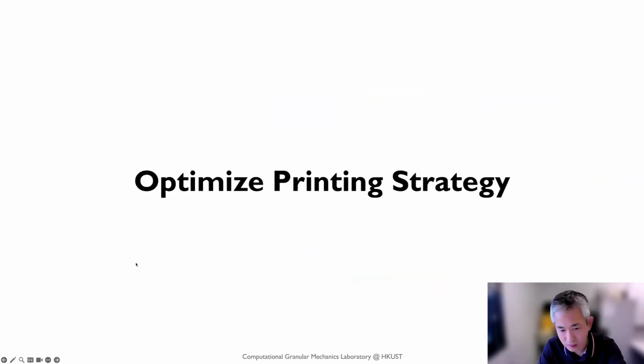For the last part of this lecture, I want to show a quick result of how we can make use of this high fidelity tool to help us optimize the printing strategy.